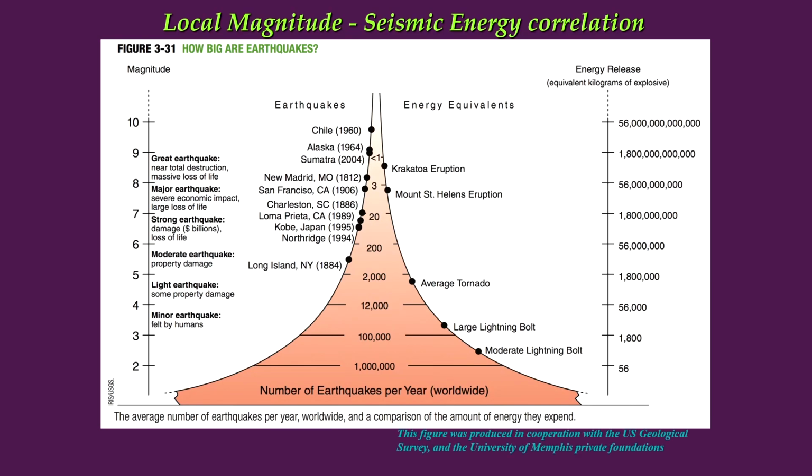This is a chart given by USGS, which shows the energy released by the largest earthquakes. On the left hand side, the scale shows your magnitude, and the right hand side shows the amount of energy released, equivalent to kilograms of explosives.